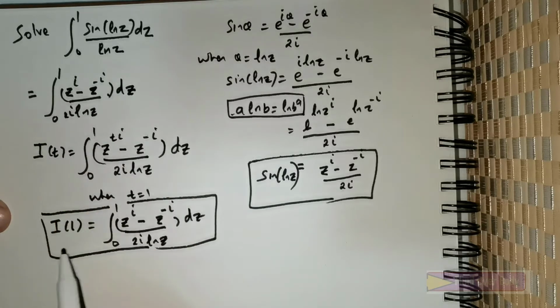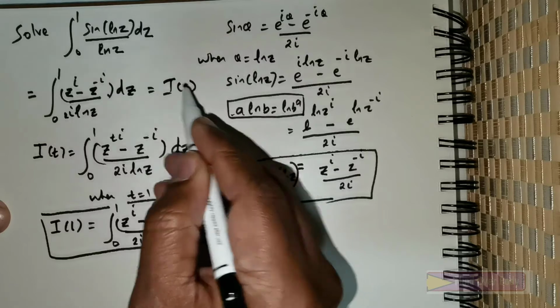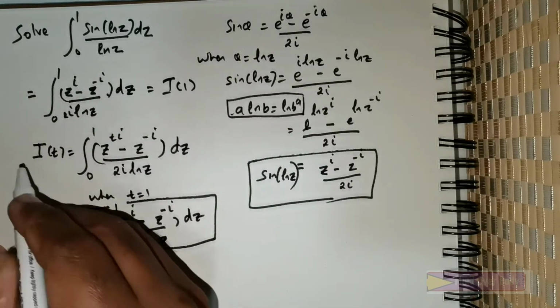This is exactly I of 1, which has been obtained from the function we have defined.